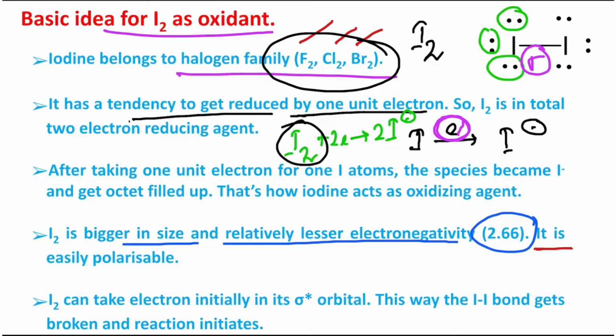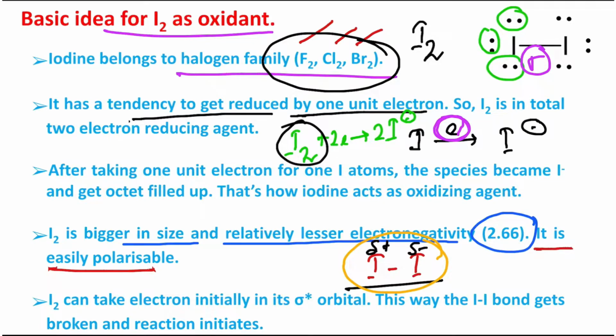So it is easily polarizable, and you can polarize this iodine bond by delta plus, delta minus, and in this way reaction could easily be done on iodine compared to other halogens. And remember students, one statement: it is relatively less reactive. Less reactive means more selective, and in organic chemistry or in any chemical transformation, selectivity is very important.